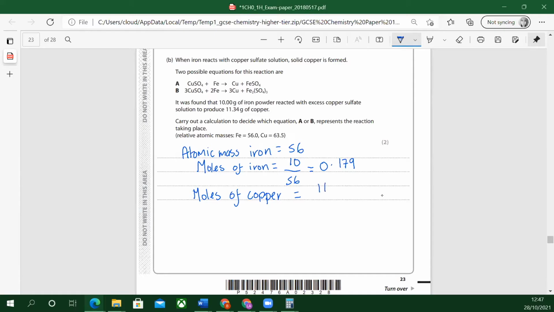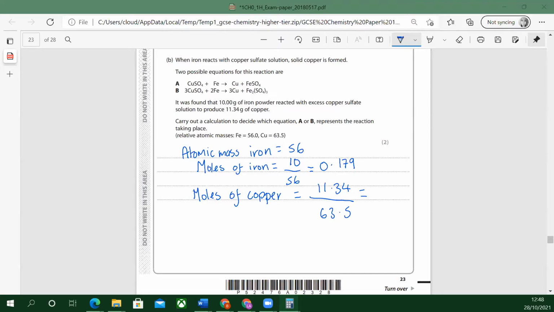Moles of copper is 11.34 over 63.5. If this equals the same number as the moles of iron, it is reaction A. So we're doing a ratio here. 11.34 divided by 63.5.